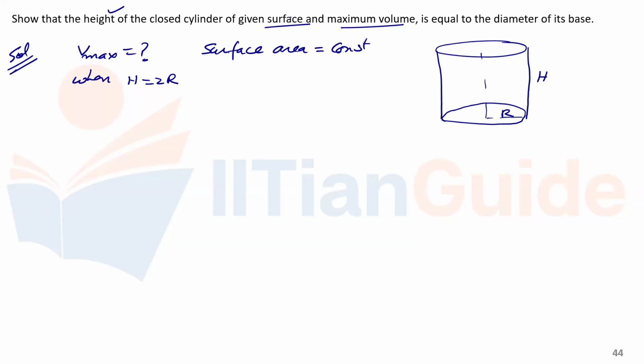The word area has been missed in the question, probably a typing mistake. So surface area is given to us but it's not clear whether it is the total surface area, that means area of the top, bottom and the curved surface area, or he is talking about only the curved surface area. It is not very clear to us. Am I right or not? Follow the point, there is a little confusion.